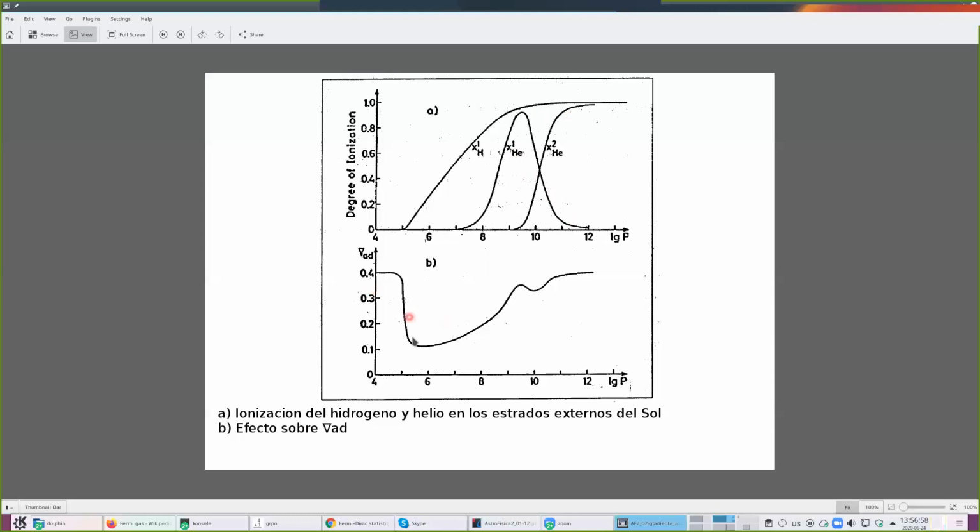And here you see how this is changing: you have the drop, increasing, then drop again, because this is the double transition. Here this goes down, then increasing. That formula was just for the hydrogen. Here is both.